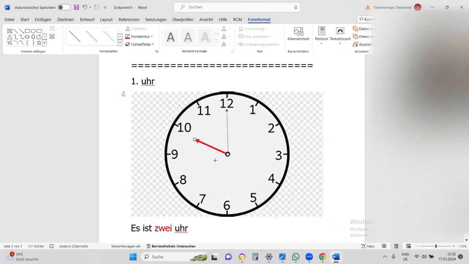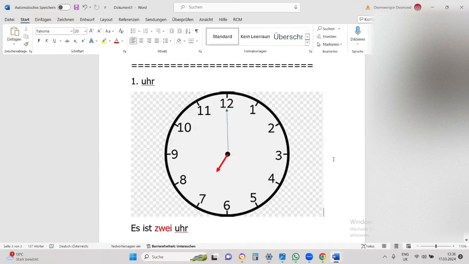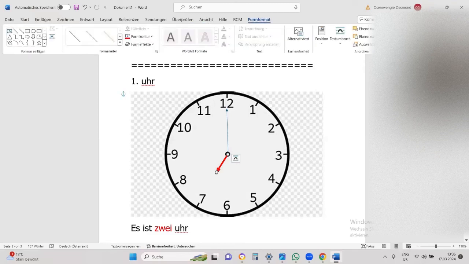Let's see, I take it and put it on 7. Und wie spät ist es? Es ist 7 Uhr. Don't forget the es ist. And what about this? Wie spät ist es? Sorry, that will be es ist 12 Uhr.